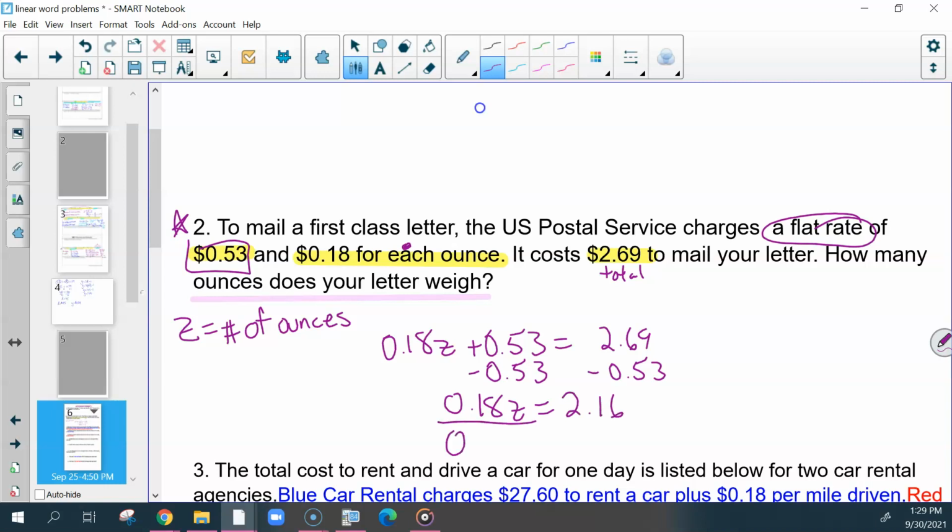And then we'd have to divide both sides by 0.18. We should get that Z equals 12. So I can say 12 ounces. Put my units up there.